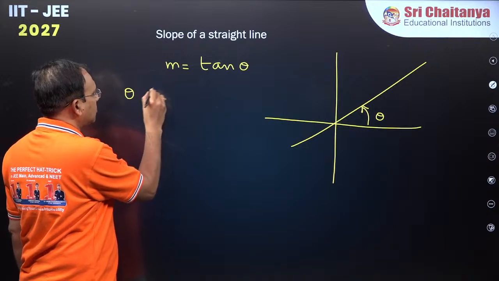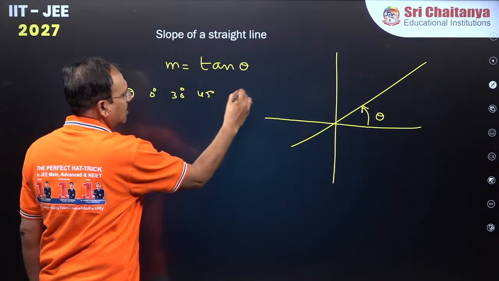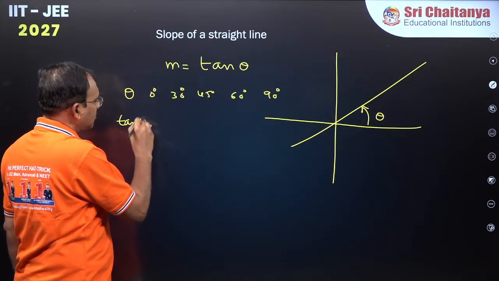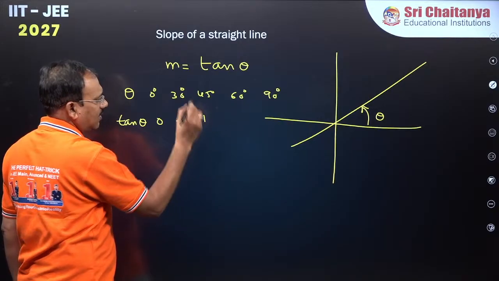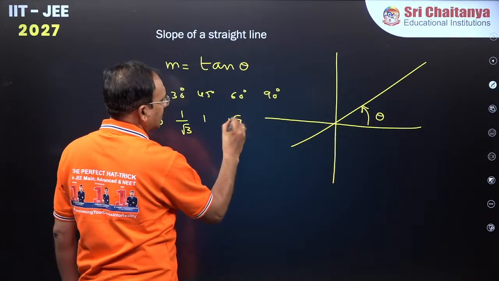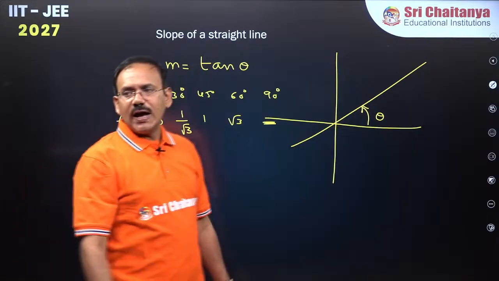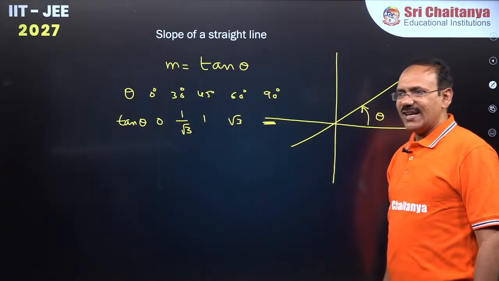If theta is 0 degrees, 30 degrees, 45 degrees, 60 degrees, 90 degrees, you know the tan theta values: tan 0 is 0, tan 30 degrees is 1 by root 3, tan 45 is 1, tan 60 degrees is root 3, tan 90 is not defined. You know these values from basic trigonometry.